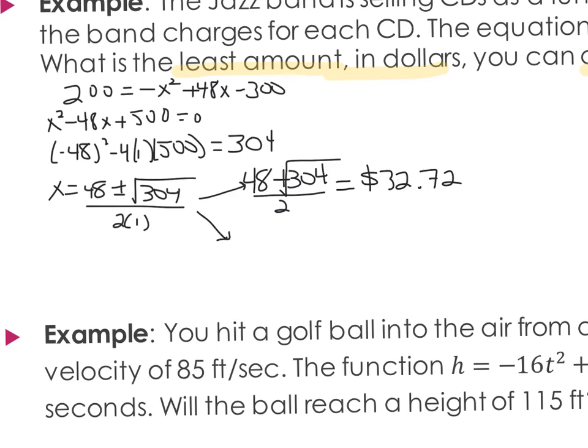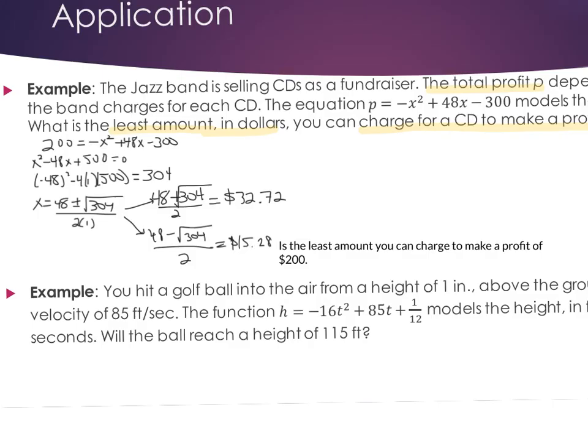Now let's find the other possible solution, 48 minus the square root of 304 over 2. And let's use a calculator to find that value. So which of these values gave us the least amount? Well, the $15.28. So $15.28 is the least amount you can charge to make a profit of $200.